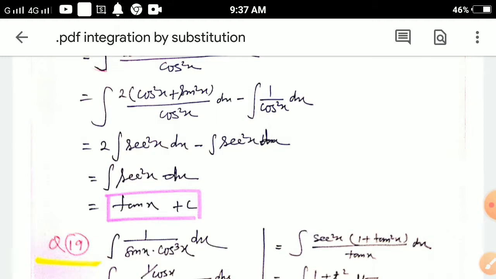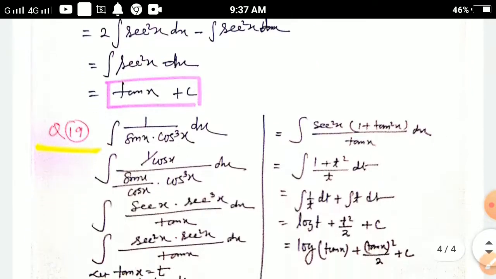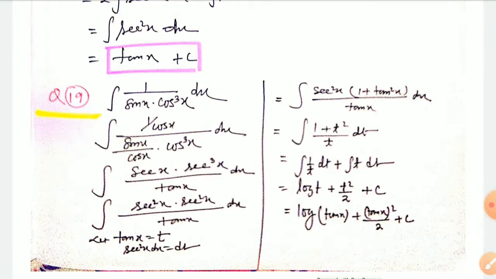Now come to question number 19. We have to find the integration of 1 upon (sin x plus cos cube x) dx.